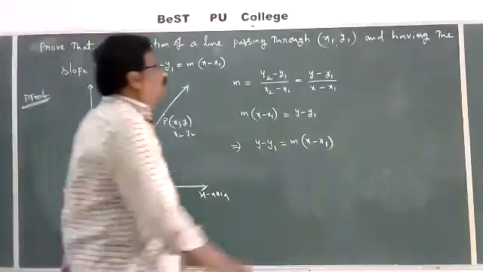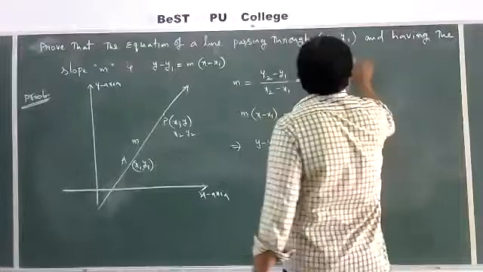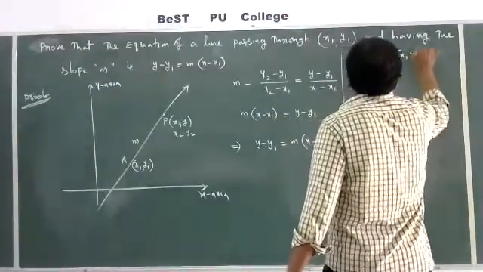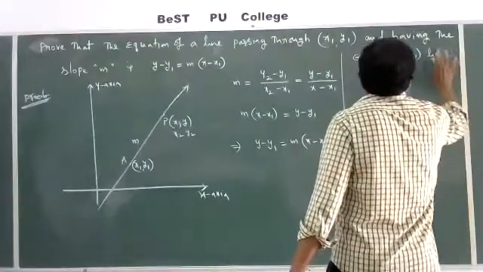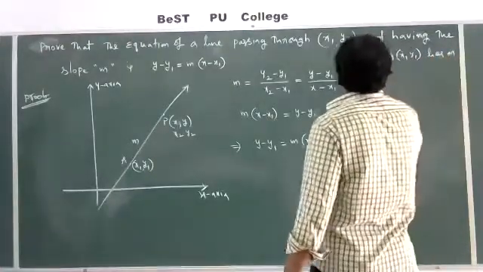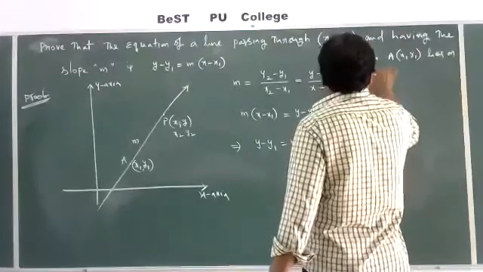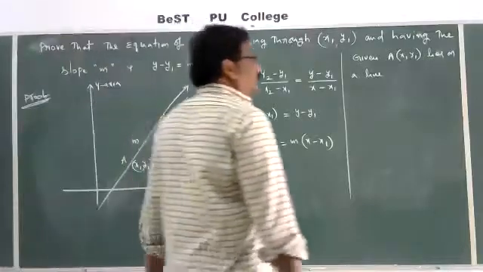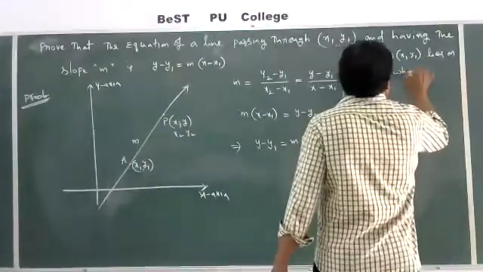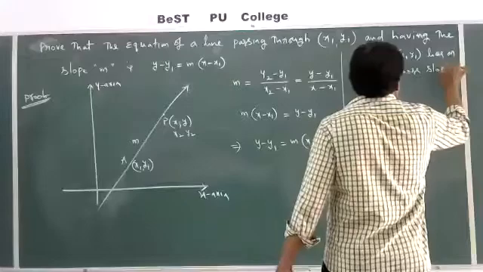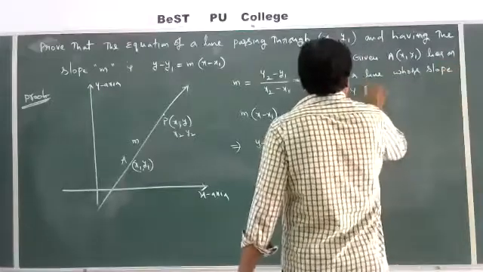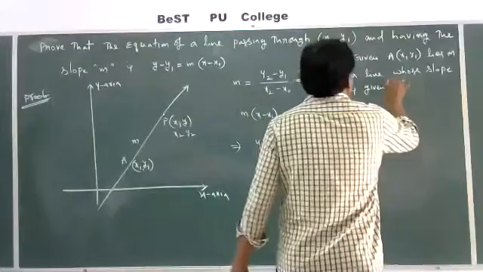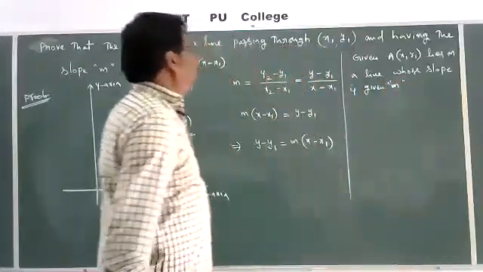Write this proof like this. Given A(x1, y1) lies on a line whose slope is given m.